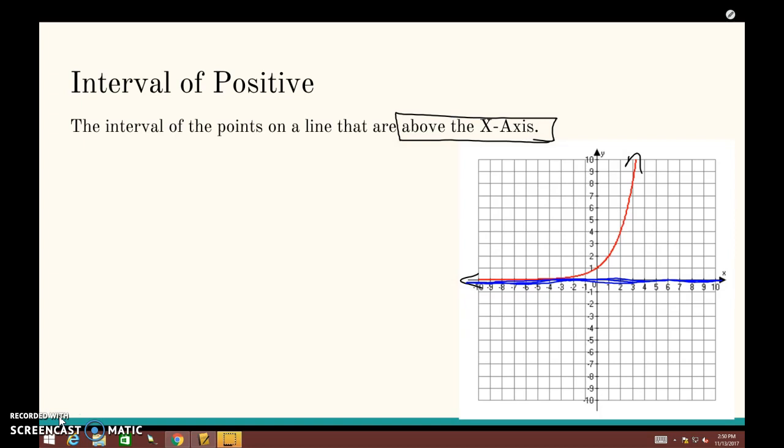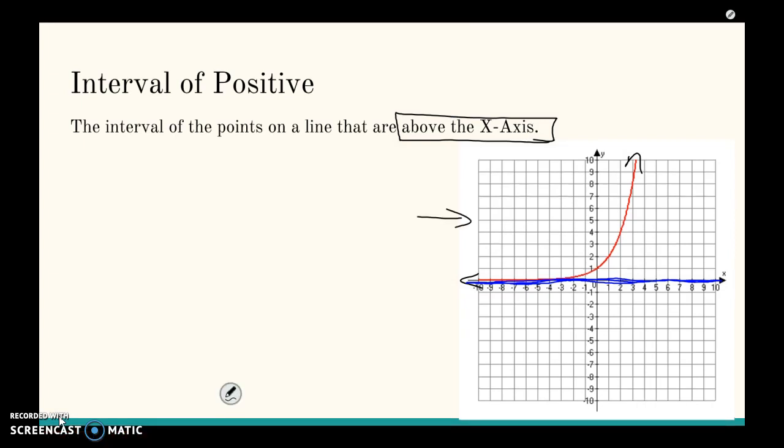Looking at the top, or above the line here, do I have anything above the line? Yes. Then if I look below the line, do I have anything below the line? No. So what this means is that my interval of positive is going to be everything that's above the line.